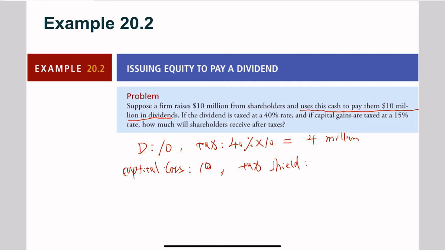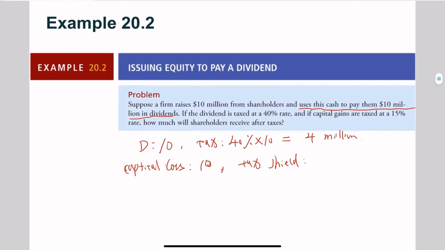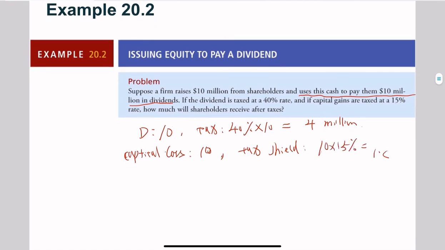In that case, when you're calculating tax shield, you use your interest payment times corporate tax rate. In this case, we're thinking about tax shield from capital loss. So tax shield should be calculated as capital loss times capital gain tax rate. Right? So tax shield would be 10 times 15%, which is 1.5.